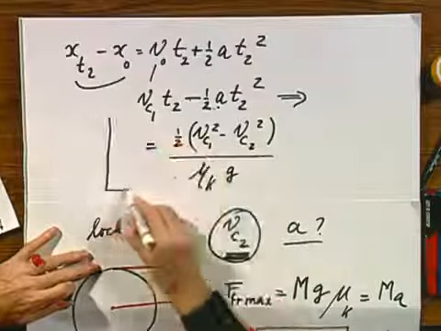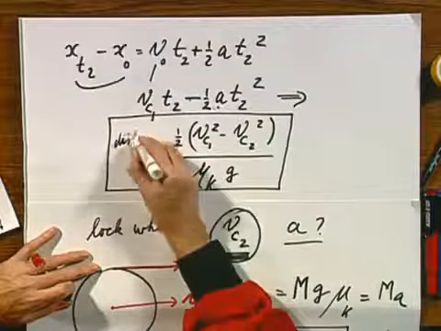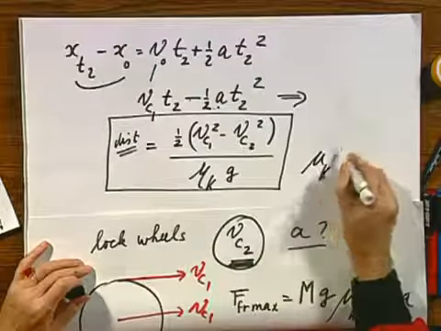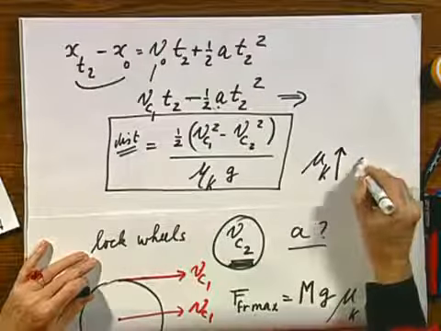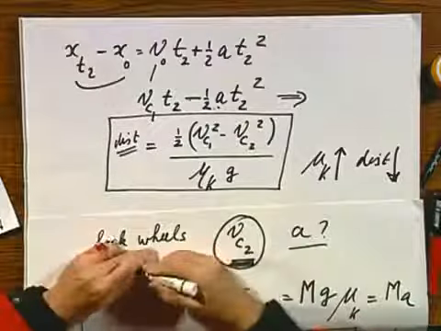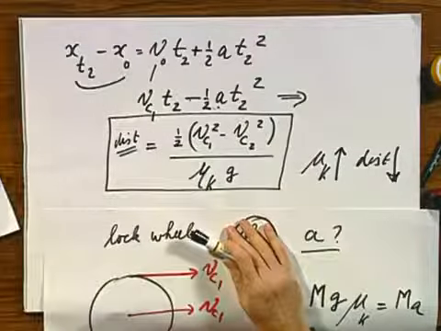And so this is the distance traveled. Notice that if mu k goes up, the distance traveled goes down, and that is quite pleasing, quite intuitive, I would say.